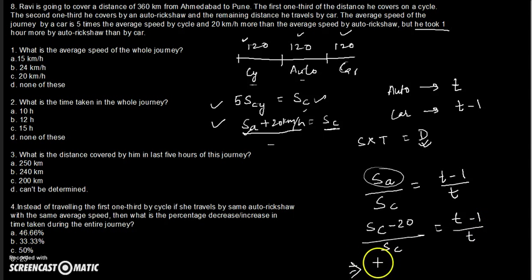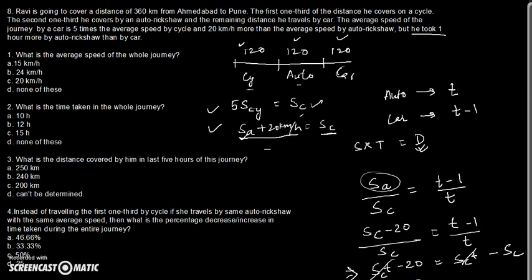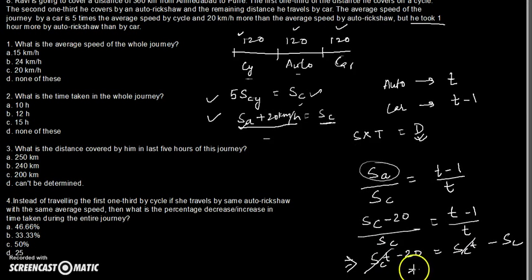Now if you just cross multiply, you will see that this is getting cancelled. And here we missed out one t.